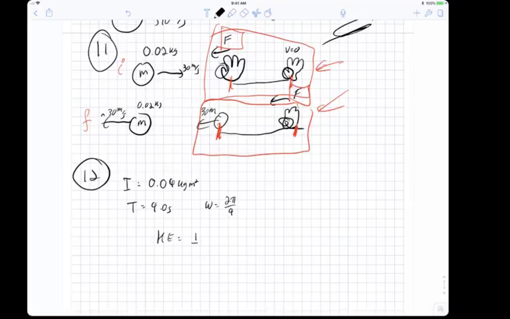It's going to be 1/2 I omega squared. 1/2 times 0.04 times 2 pi over 4 all squared. .05 joules. Okay. Yeah, it doesn't have much moment of inertia, and also it's not traveling very fast.